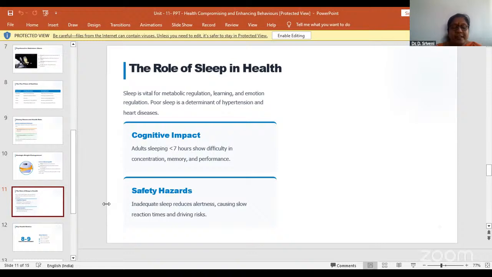They eventually lower the individual's overall resilience, making them less capable of handling future stresses. This highlights the need for health promotion strategies that replace these compromising habits with enhancing ones, such as mindfulness or structured exercise, to break the cycle and improve psychological adaptation.